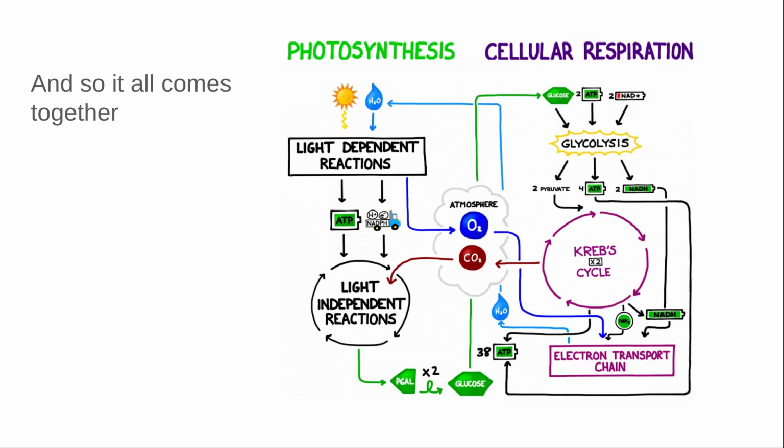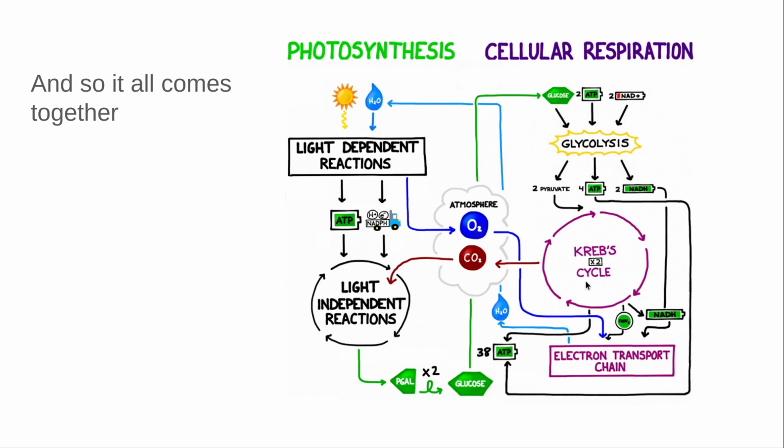Okay, so that is cellular respiration, and you see how beautifully it all comes together. The energy play starts with photosynthesis. Energy from the sun gets into the light dependent reactions inside plants, producing NADPH and ATP, which are then used in the Calvin cycle, or the light independent reactions, and at the end of that you are producing glucose, and alongside, the light dependent reactions are producing oxygen.